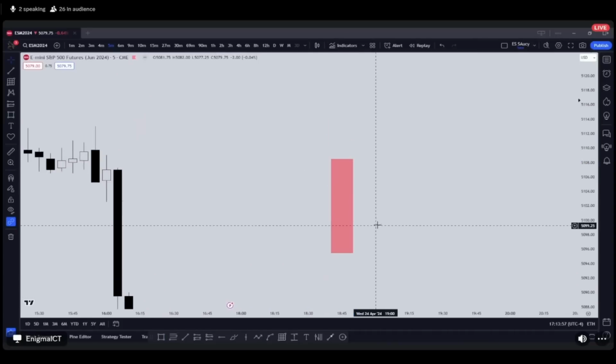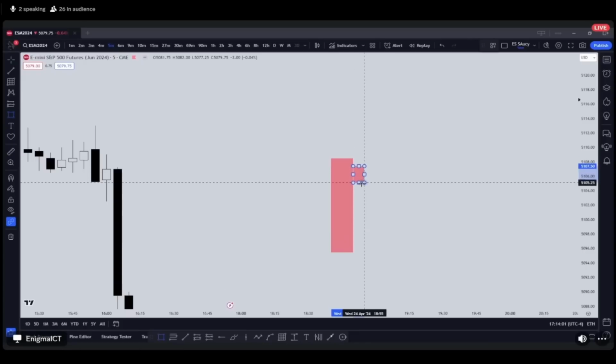So let's just say this is the ICR, right? The important candle. And the next candle is an inside candle.